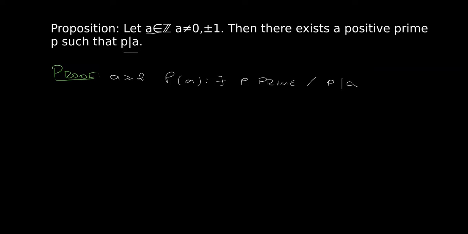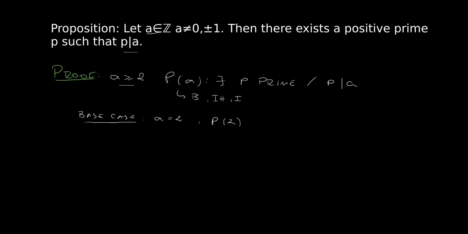As we've seen in previous videos, every proof by induction has 3 steps. The base step, the inductive hypothesis, and then the inductive step. Let's start with the base case. As we're proving this for every a greater than or equal to 2, the base case is when a equals 2, P(2).